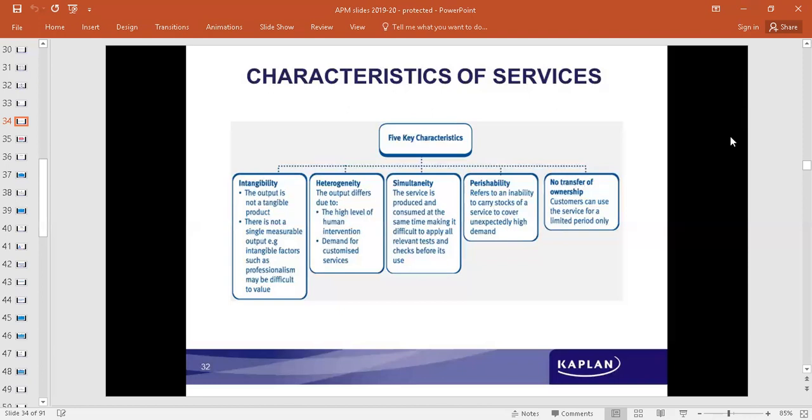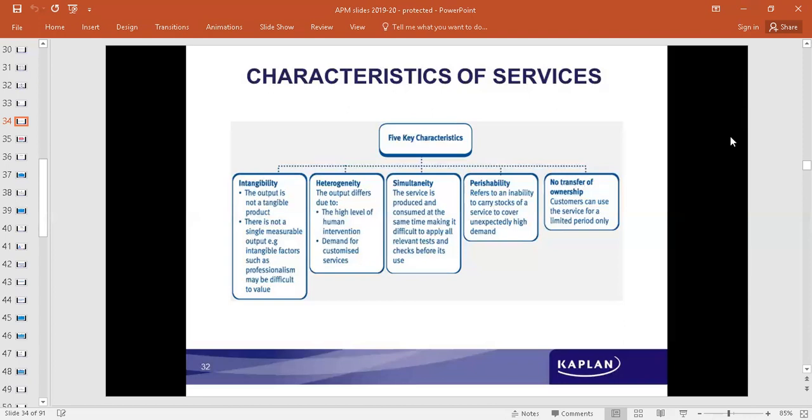The hotel accommodation which is provided on a day, July 2nd, has to be utilized on July 2nd. If it is not used on July 2nd, it perishes on July 2nd. It cannot be carried forward to July 3rd. July 3rd will have its occupancy or vacancy availability based on July 3rd's date.